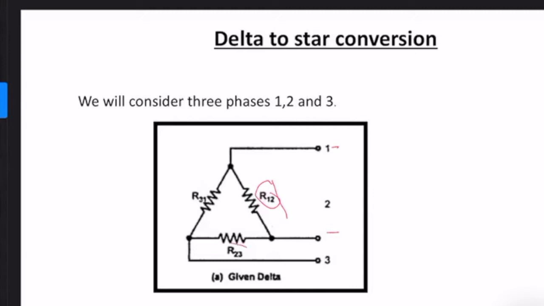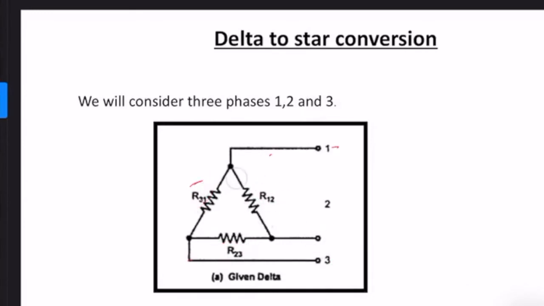This resistor is R23 because it is connected between phase 2 and 3, and this one is R31 because it is connected between phase 3 and phase 1. So we have named it like this. Hopefully you have understood delta connection properly. So we'll move to further derivation.